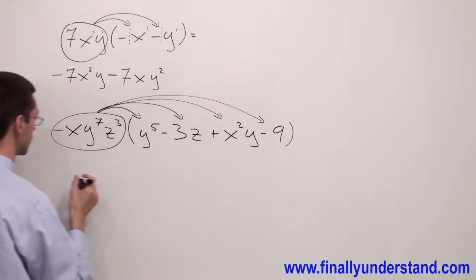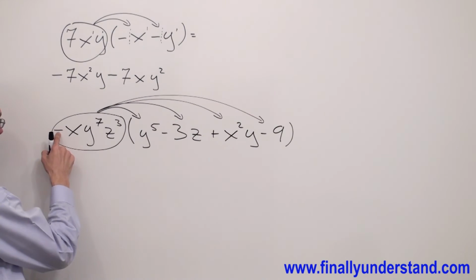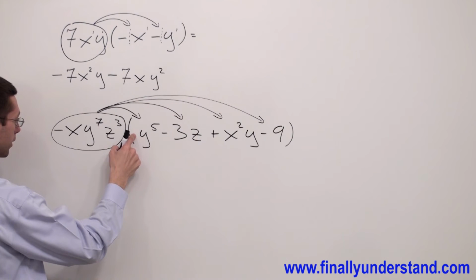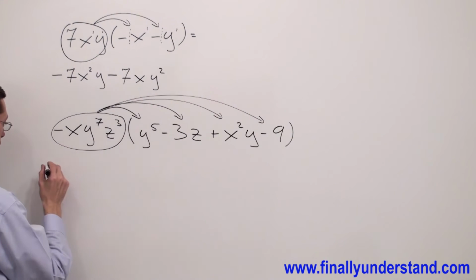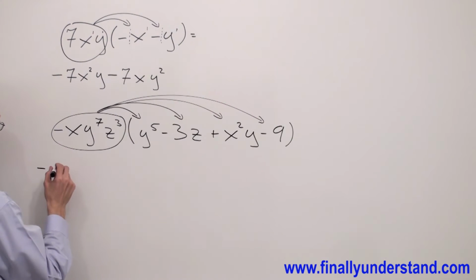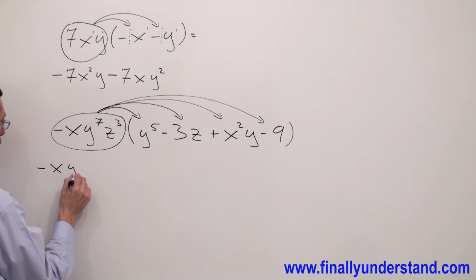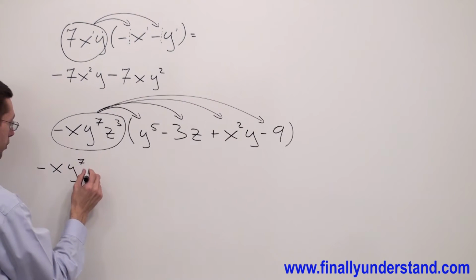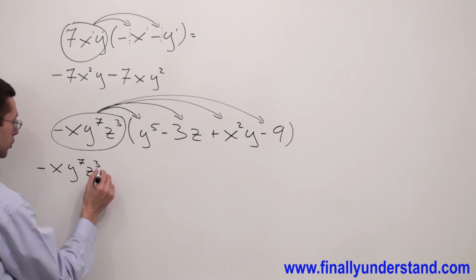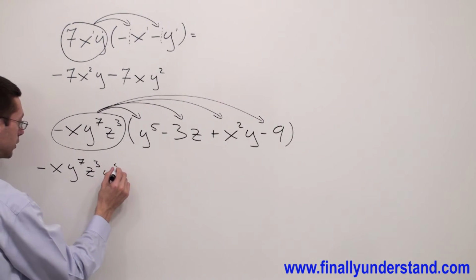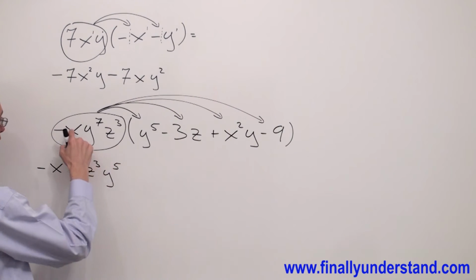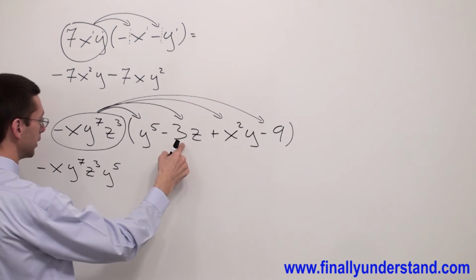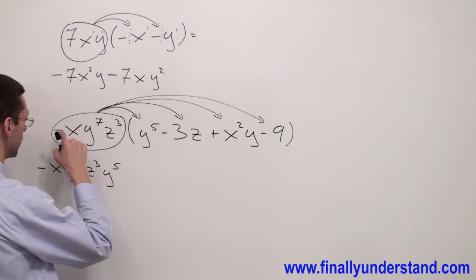In other words, this is going to look like this. Negative times invisible positive gives me negative. And I'm going to have x, y to the 7 power, z to the 3rd, and I have y to the 5th.